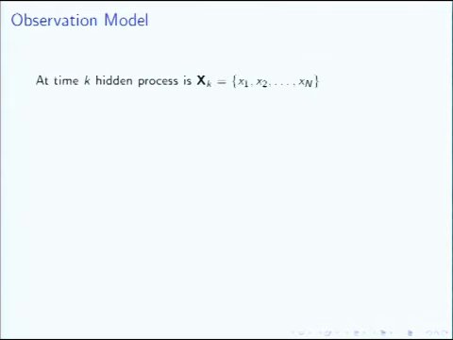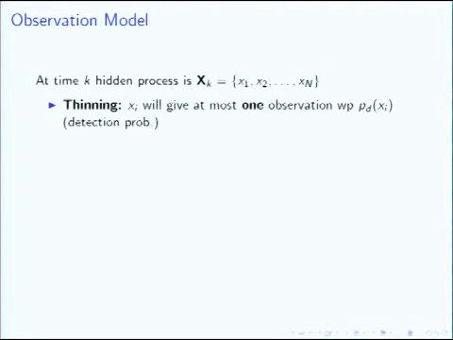Now with the observation model, at time k, again let's just assume that this is a realization of the hidden process. Each point in here can give rise to an observation. Whether x1, for instance, gives rise to an observation or not depends on its position, its location.